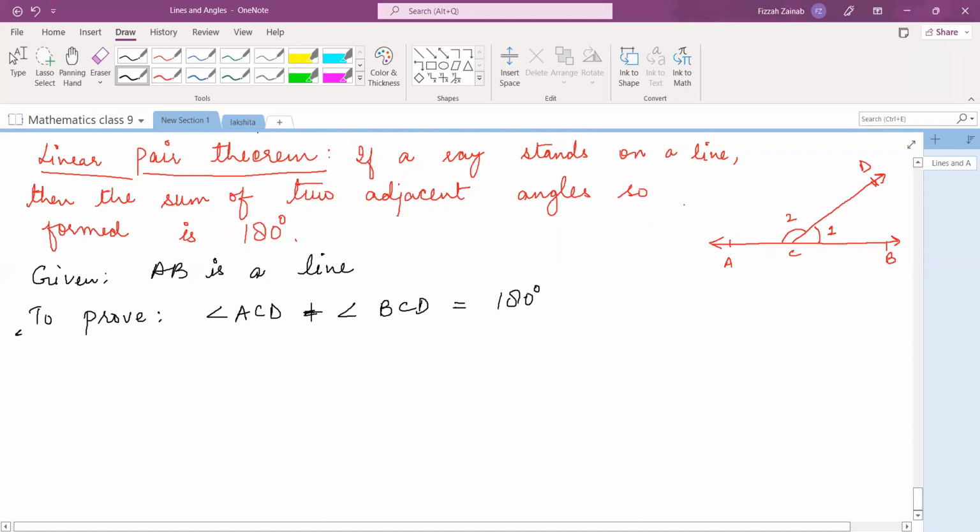So we do a little construction here. We draw a line that is perpendicular on AB. Let me call it E. So let's say CE is perpendicular to AB. That's my construction: draw CE perpendicular on AB. Clear? Let's do the proof now.